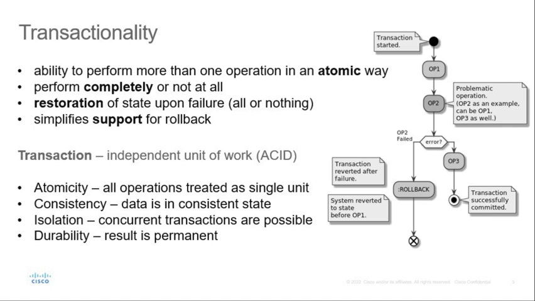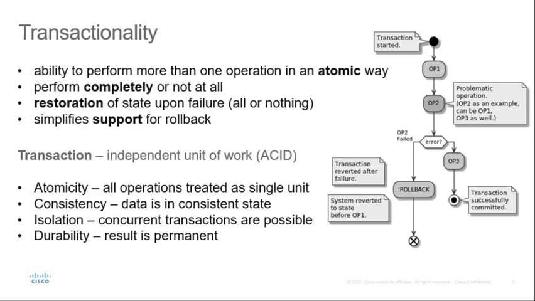A transaction can be seen as an independent unit of work with ACID properties. These properties are: atomicity, which means all operations within a transaction are treated as a single unit. Consistency, data is in a consistent state. That means all data model constraints are fulfilled before the transaction starts and after the transaction finishes.